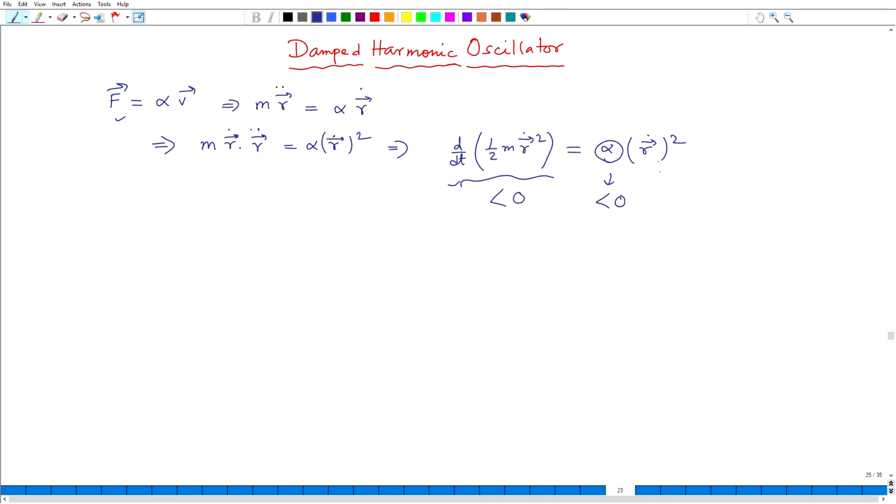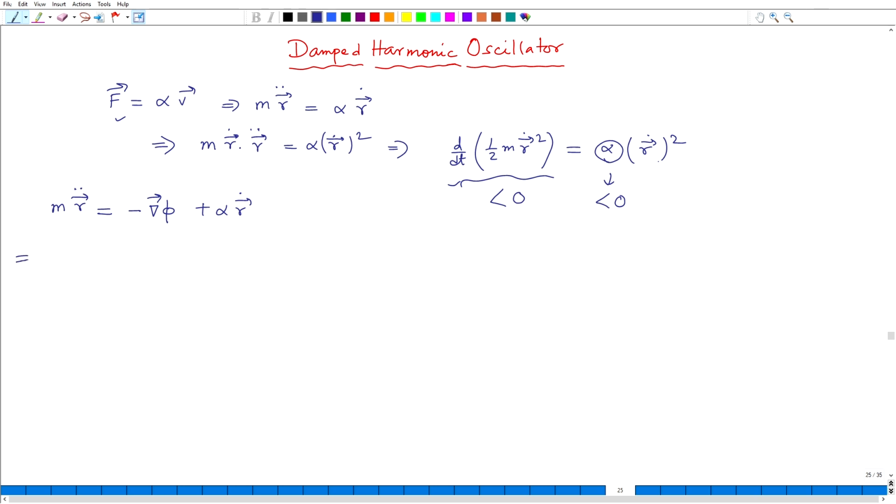In the same way, let us say the particle is moving under the influence of a conservative force field, F equal to minus gradient of phi, plus another force field like this.